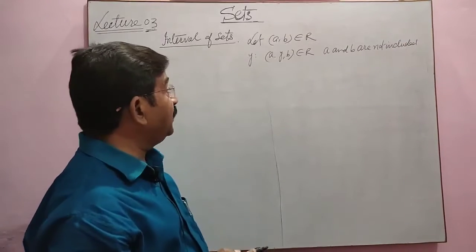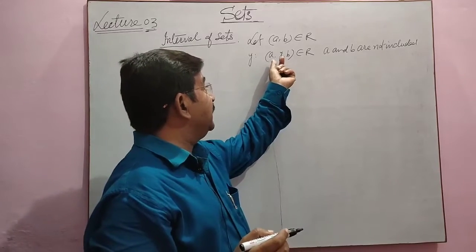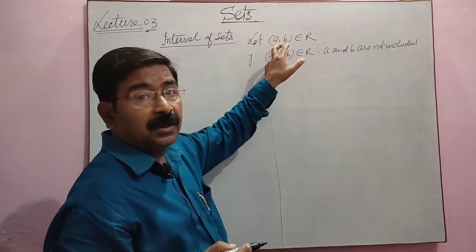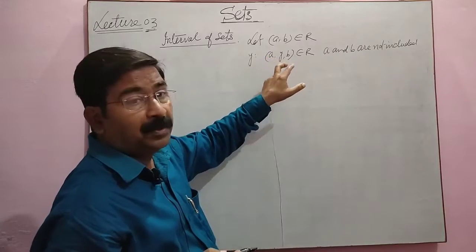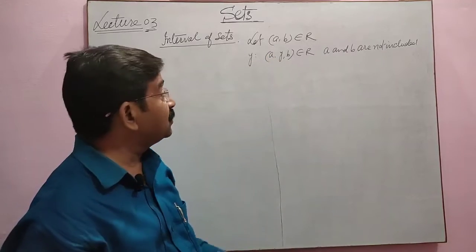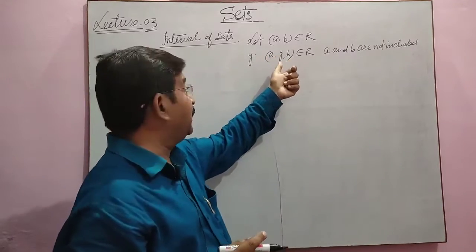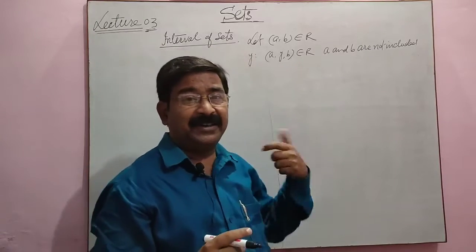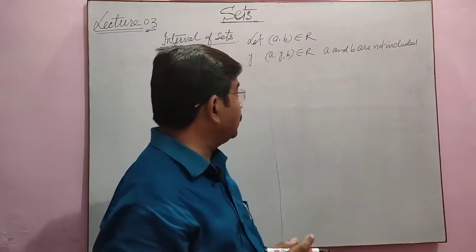Means when we see two real numbers, between those two real numbers we have many real numbers. Now one of them is y, maybe c, maybe t, maybe x, whatever you want.